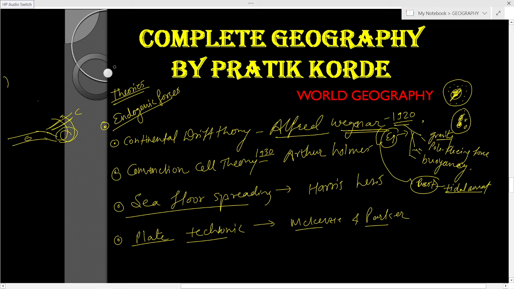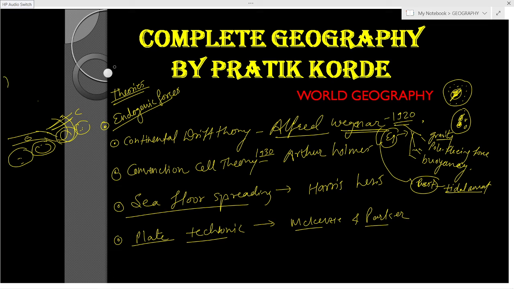So there are convectional currents going below the plates. There are various currents, so we'll do it when we do volcano, earthquake, etc. In that particular area, you will understand these concepts better.